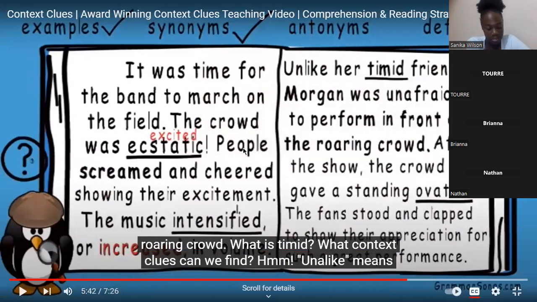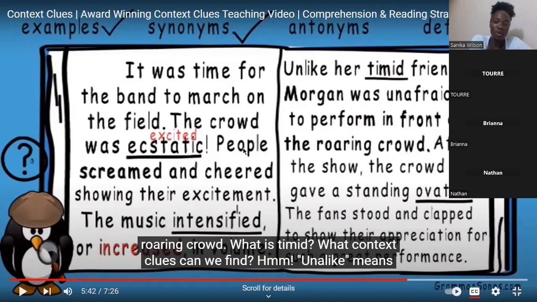What does timid mean? Scared. Any other word? Shy. Okay. Any other? Frightened. All right.